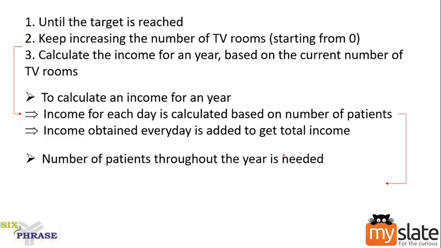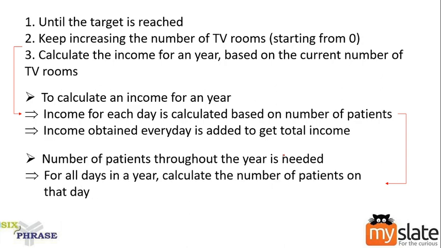We need to calculate that. So, for all days in the year, calculate the number of patients. Yes, I need the data for all 365 days. So, calculate the data and store it in an array.